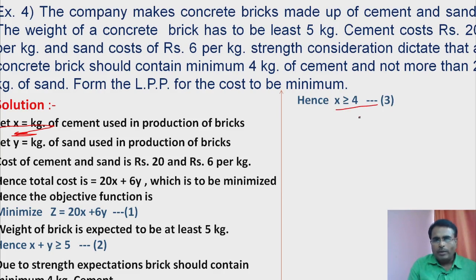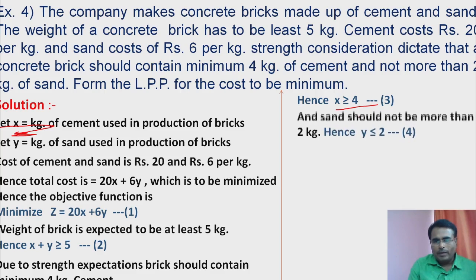Similarly, not more than 2 kilograms of sand, that is why we must consider y less than or equal to 2. So, y must be 2 or less than 2. Hence, we have all the 3 constraints.